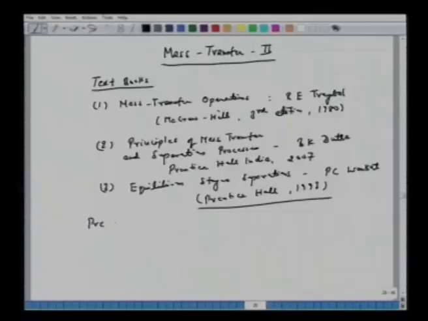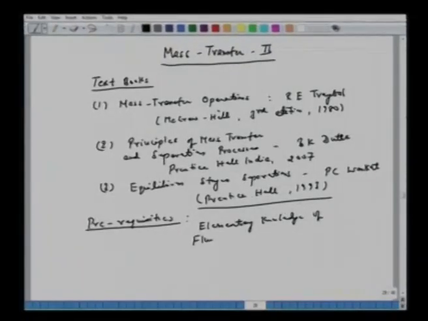As we said, let's note down the prerequisites for this course. This is a third year level course. That means you should have elementary knowledge of fluid flow.